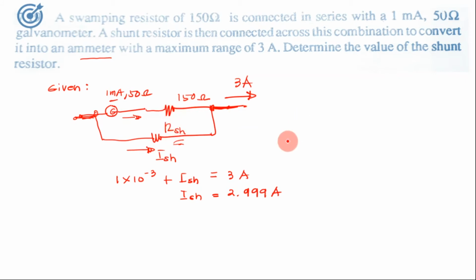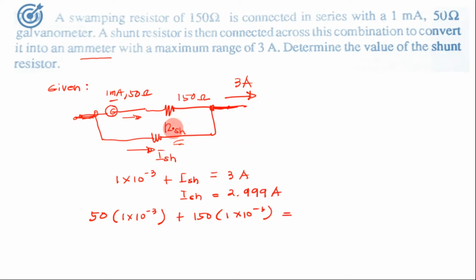So you can set up an equation: 50 ohms, the resistance of the galvanometer, times the current, 1 times 10 to the negative 3, that is 1 milliampere converted to ampere, plus the 150 ohms, which is in series with the galvanometer and so has the same current, times 1 times 10 to the negative 3.